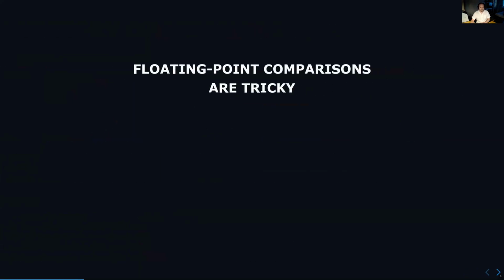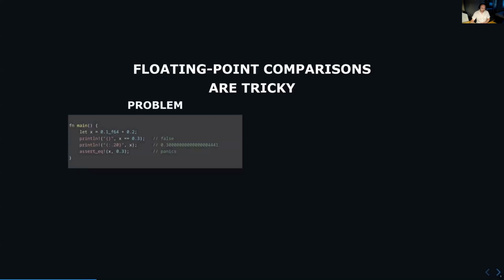So what is this all about? Floating point comparisons are kind of tricky. Probably you've written some code like this already. It's the famous case: you write 0.1 plus 0.2, and then you are surprised when it's not exactly equal to 0.3.